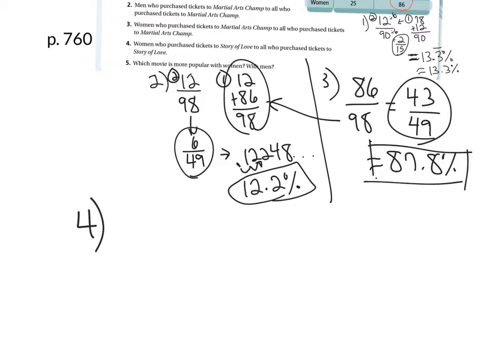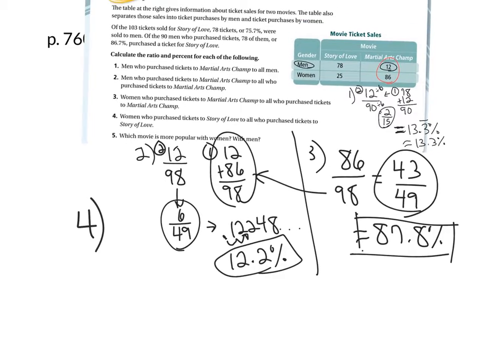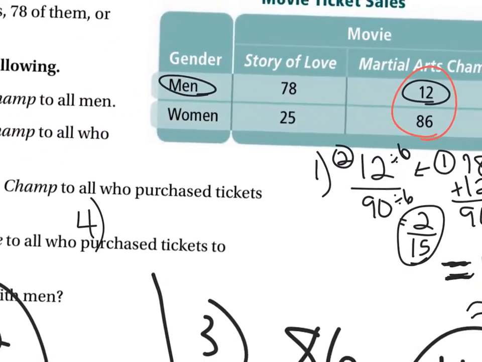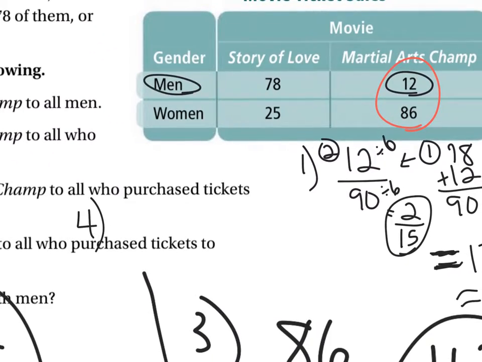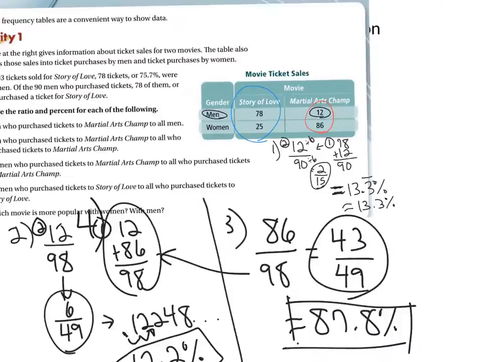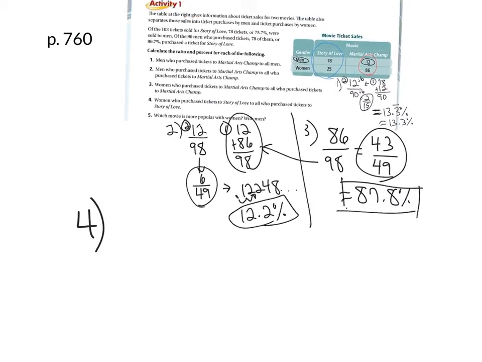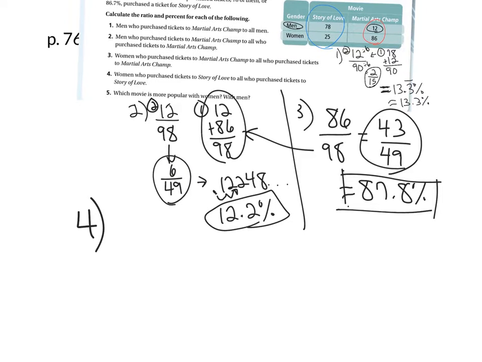Number 4, women who purchased Story of Love to all who purchased Story of Love. So make sure you're looking at the right numbers here. 78 and 25 are the two numbers we've got to look at first of all.